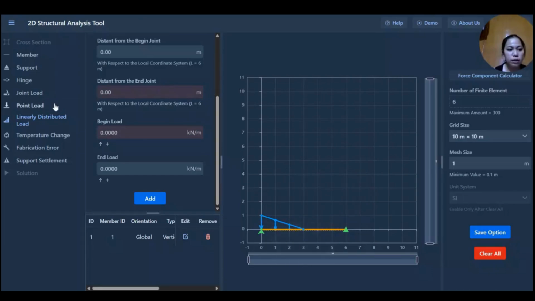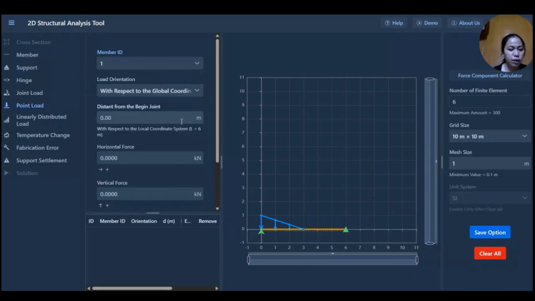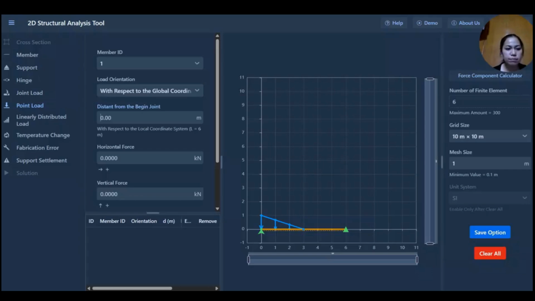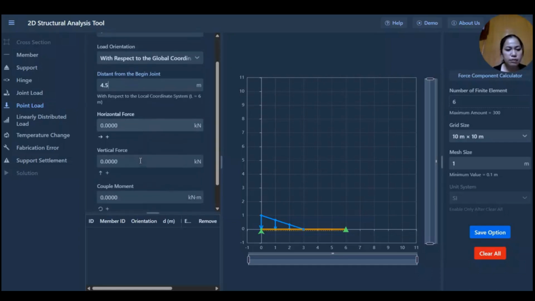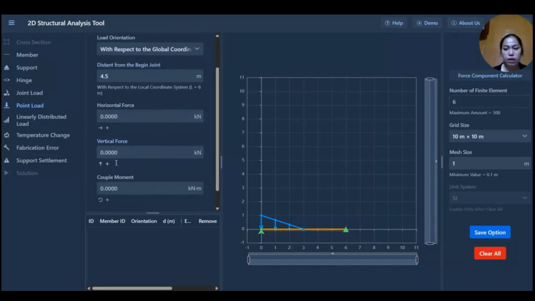Another load is the point load, so we click on the words point load here. Again we only have one member, so we click number 1, and the position from the beginning join is 1.5 plus 1.5 plus another 1.5, which is 4.5, so we write 4.5. We don't have horizontal force, so we keep it, and we only have vertical force.